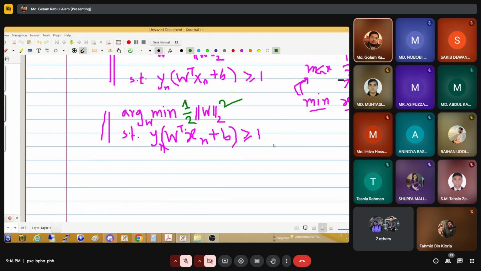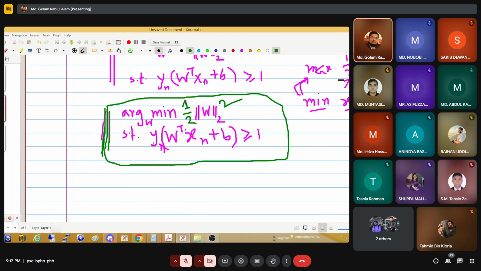Just for the mathematical benefit, we have added the half and the square of that. And for that, we can consider this is the equation, our closed form solution of the problem.